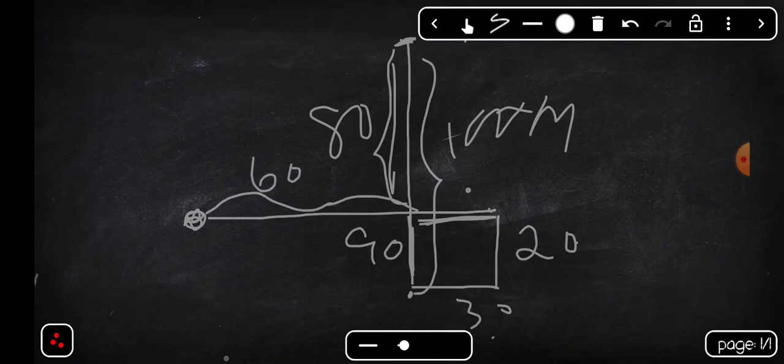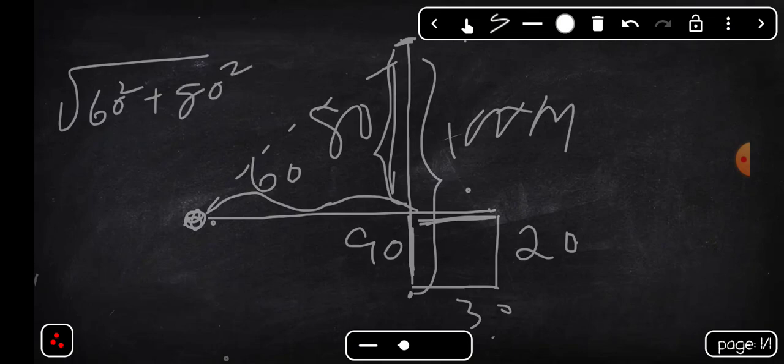Now we have to find out the distance: square root of 60 square plus 80 square. 60 square is 3600, and 80 square is 6400.